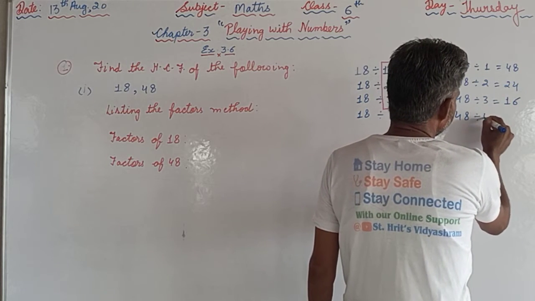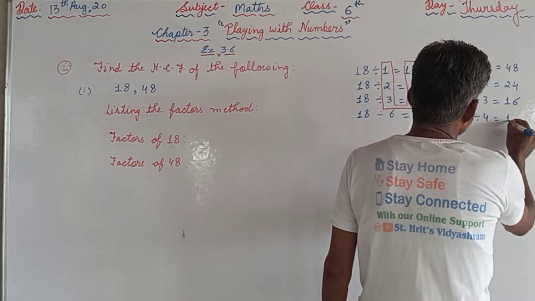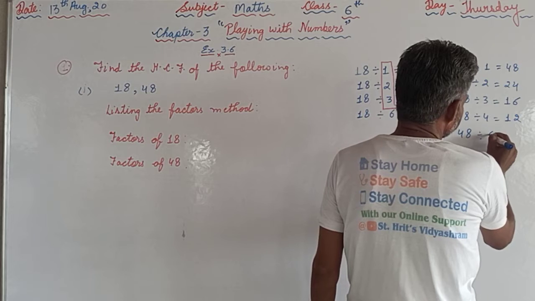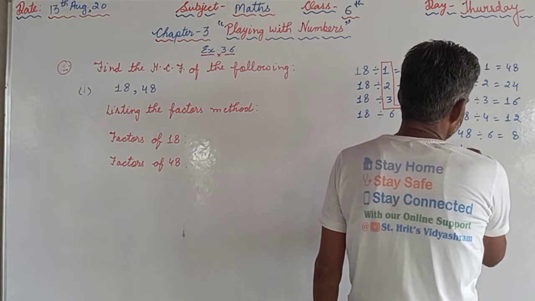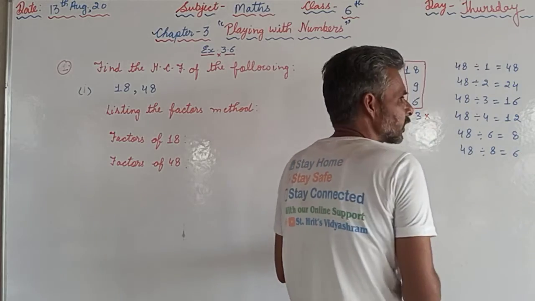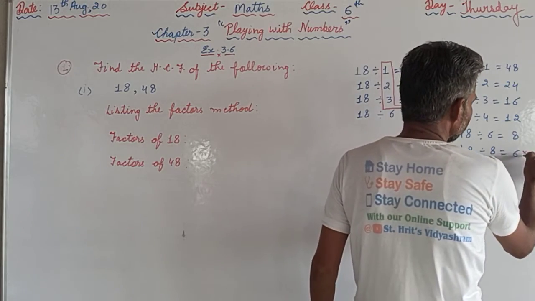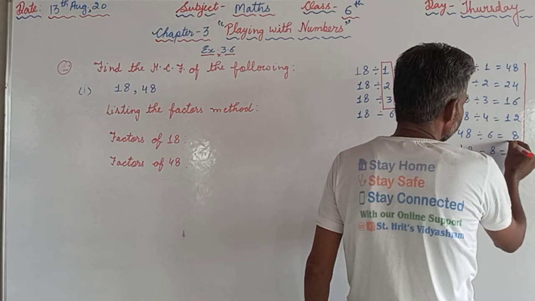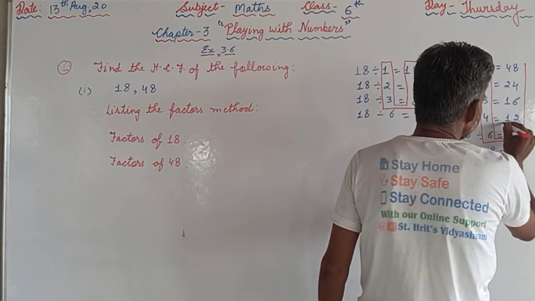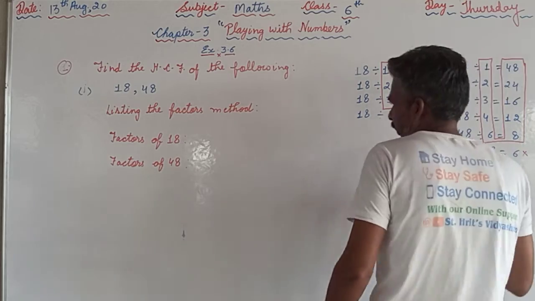48 divided by 4, 48 divided by 6, 48 divided by 8. Again 6 and 8 have been repeated, so we will not consider that. We will consider only up till here and we will draw one box and the numbers in the boxes will be the factors.